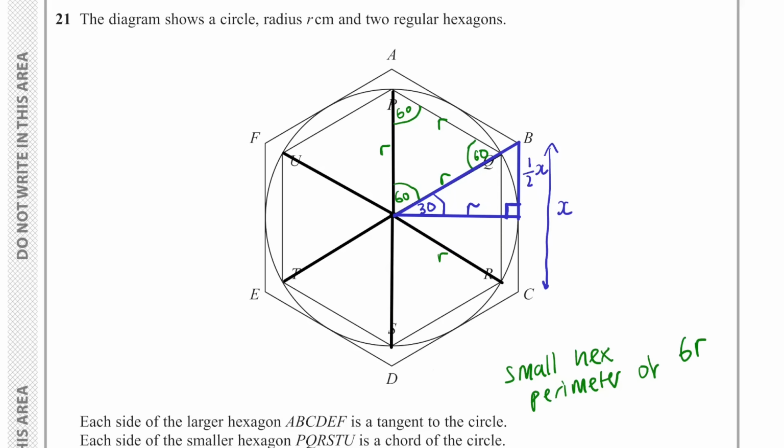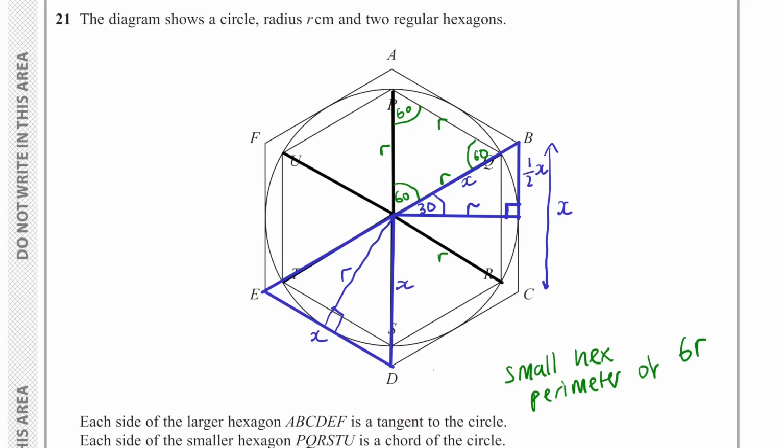So we could use SOHCAHTOA to find x in terms of r. We also have an x here because it's, again, a big equilateral triangle for the big hexagon. So where this one is x, this one is also x. And then this one is r, the radius of the circle.